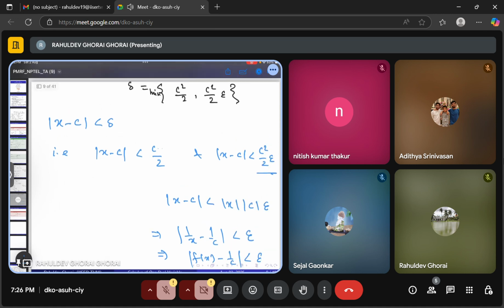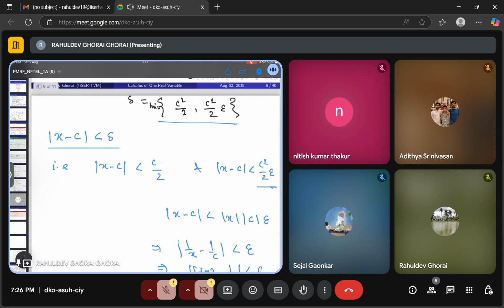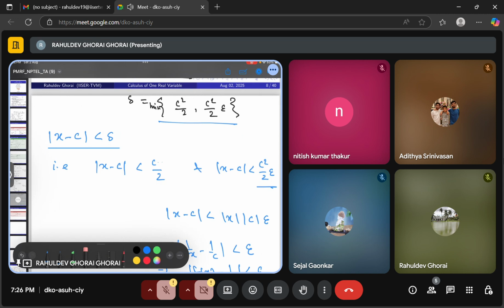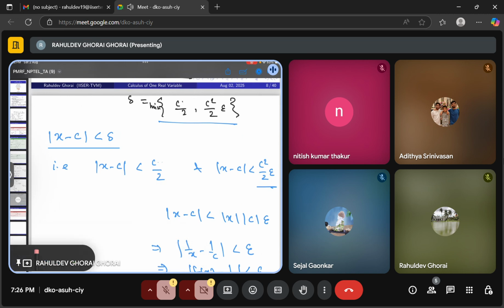So mainly we back calculate, and then what we see is that if you have |x - c| less than delta, and that delta is the minimum of c by 2 and c squared by 2 epsilon, then |x - c| is also less than c by 2 and c squared by 2 times epsilon.